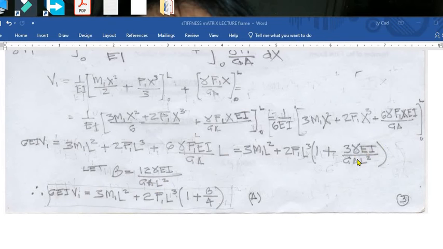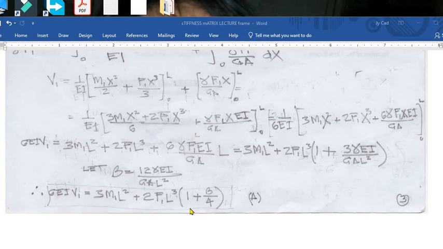Ito yon. Okay? So, isa-substitute natin si beta dito kay 6ei v1. So, magra-round siya into this equation. 6ei v sub 1 becomes now 3m1l squared plus 2f1l cubed times the quantity 1 plus beta all over 4.